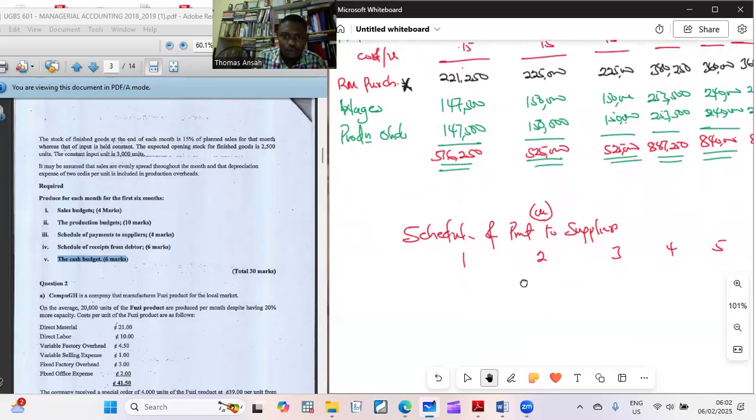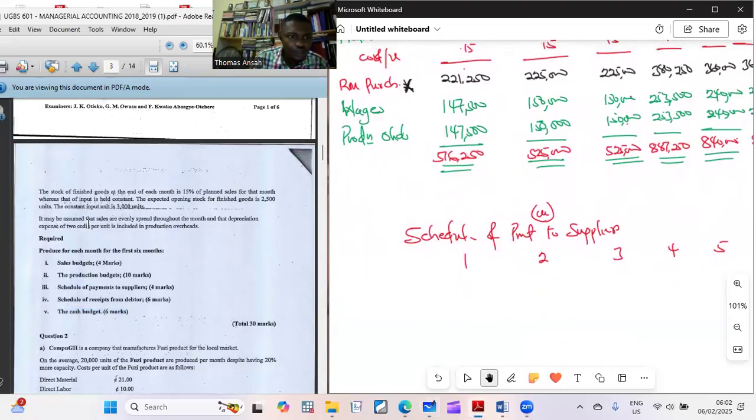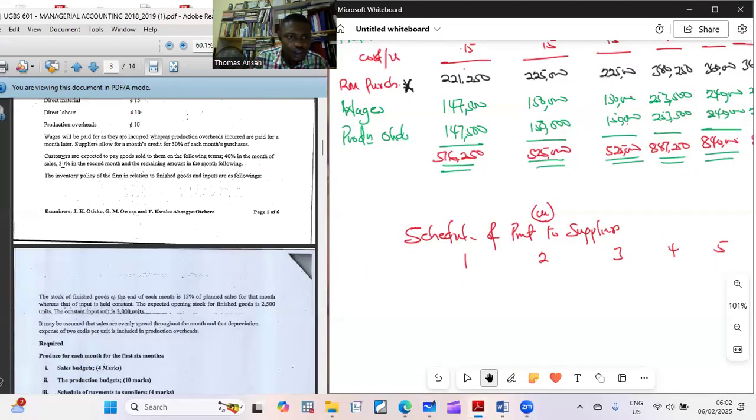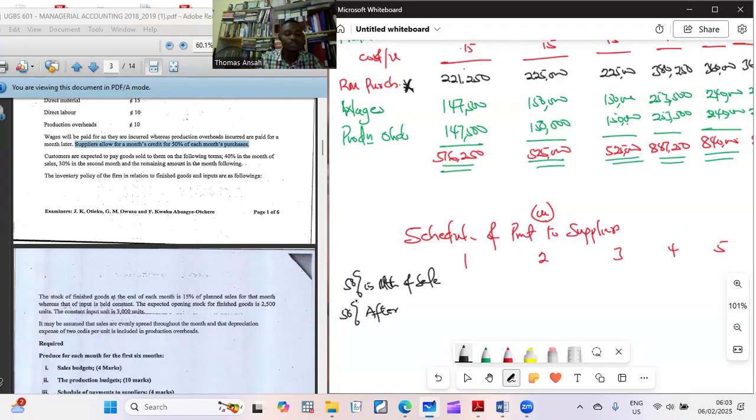So per the schedule, we are told how we are going to pay. Suppliers allow 50% credit. So meaning that it will be something like this, 50% in month of purchase, then the remaining 50% after month of purchase. So that is how it is going to be.